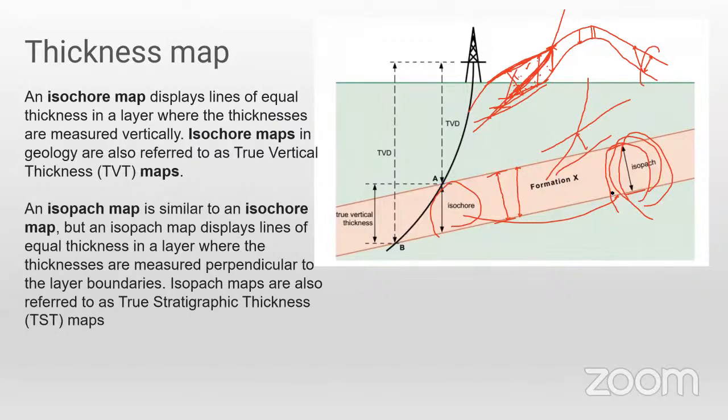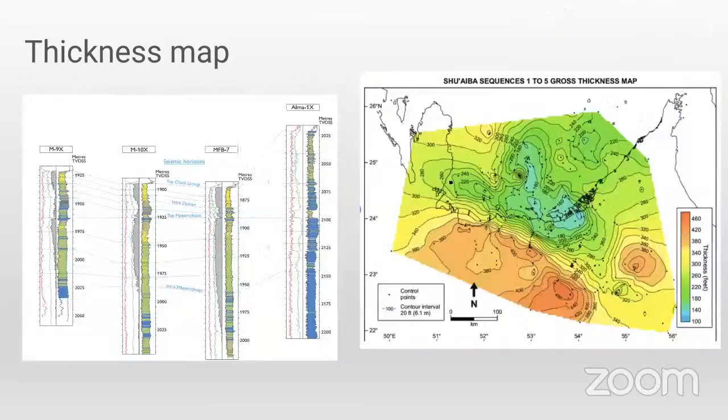I've also seen some spreadsheets in Excel that calculate the true stratigraphic thickness based on the well survey and the dip and azimuth of the horizons.